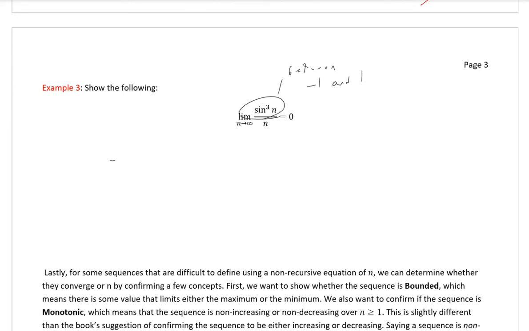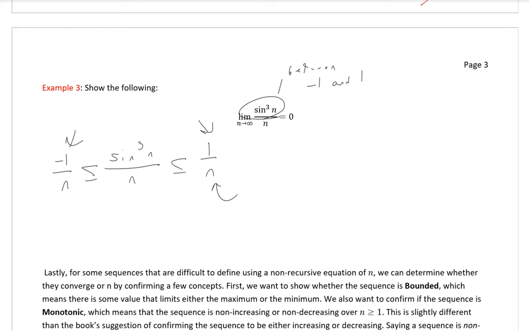So what that means is that I know that sine cubed n over n is always larger than or equal to -1 over n, and it's less than or equal to positive 1 over n, because sine cubed n always bounces between -1 and 1. If this was sine squared n, then I could say 0 over n and 1 over n. But since this is cubed n, I know that this bounces between -1 over n and 1 over n.